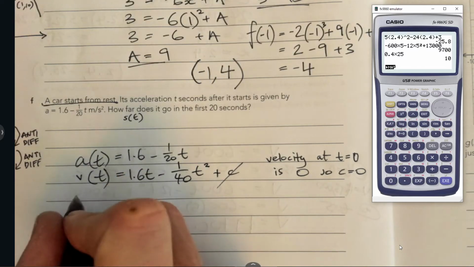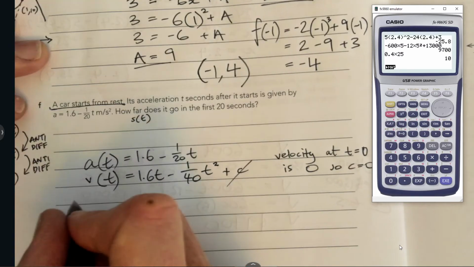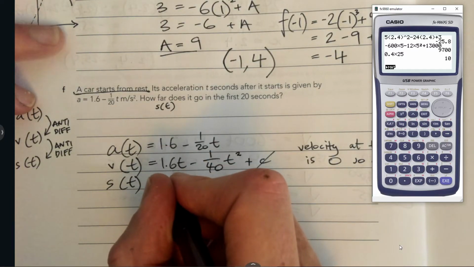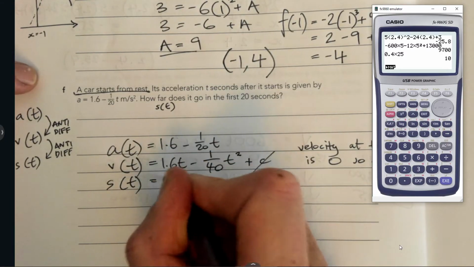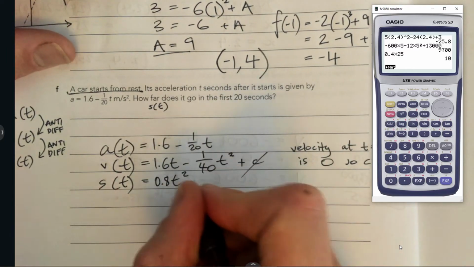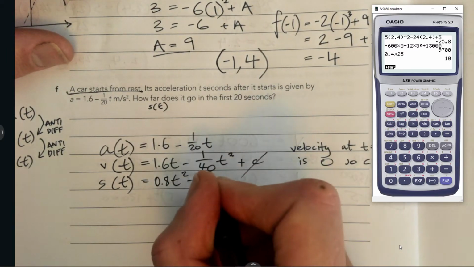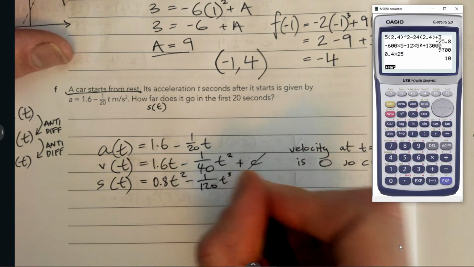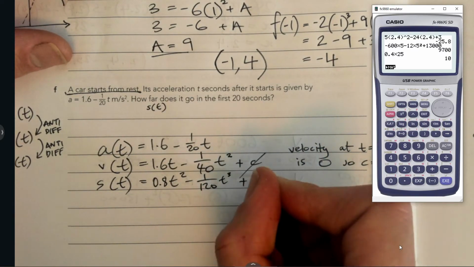Okay, now let's anti-differentiate up to s of t. S of t equals 0.8t squared minus 1/120t cubed, and then plus k.